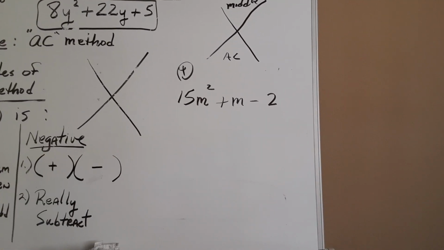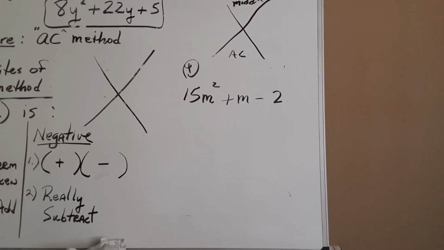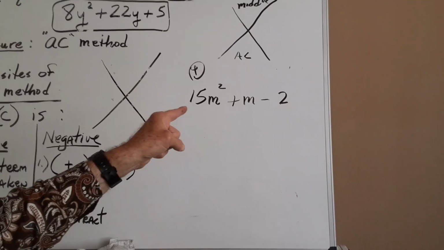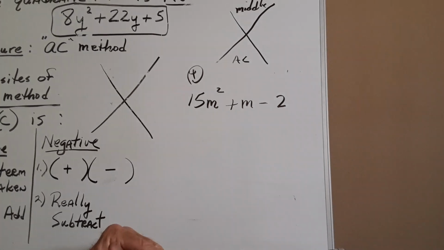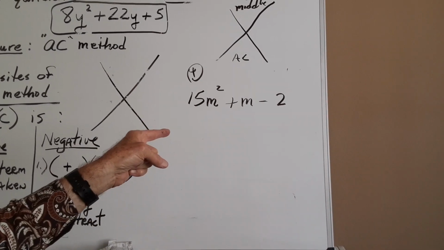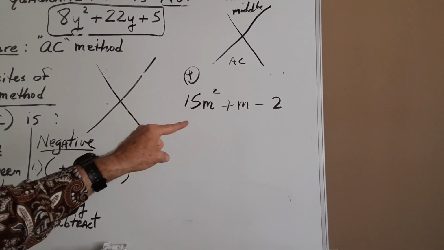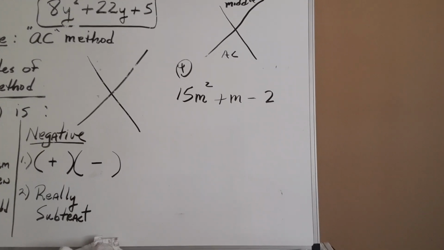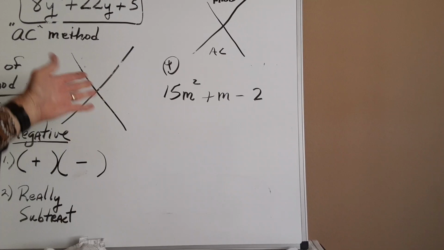GCF, absolutely not. 4 terms, no. 3 terms, yes. AC, you bet your boots. Why? 15. The coefficient of the quadratic is not 1, it's 15. AC.